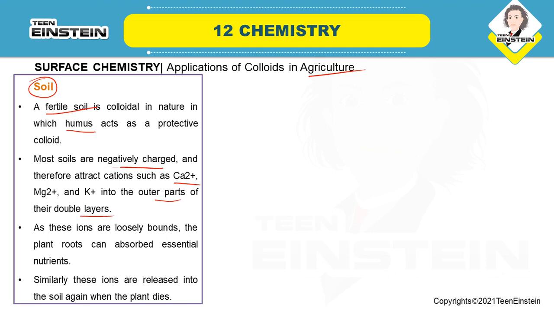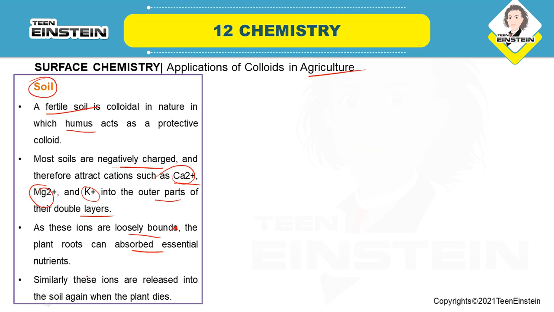Mostly this type of soil, that is fertile soil where humus is present, is negatively charged, so it will attract cations. These ions, that is Ca2+, Mg2+, K+, are loosely bound, and the plant roots can absorb these essential nutrients. This is very beneficial for the plant because of this attraction towards positively charged ions.